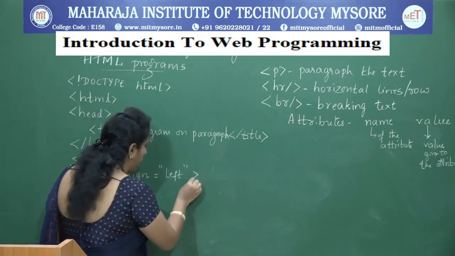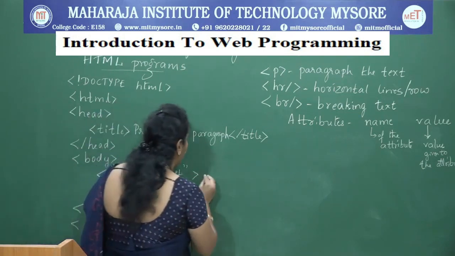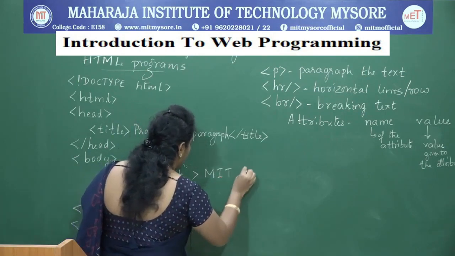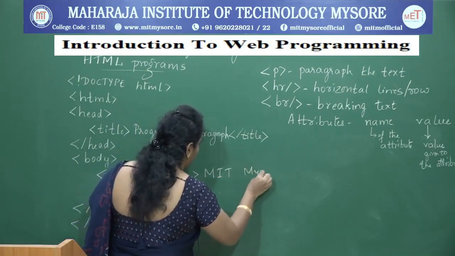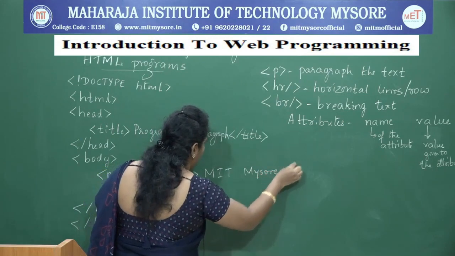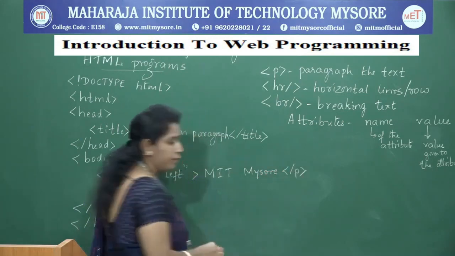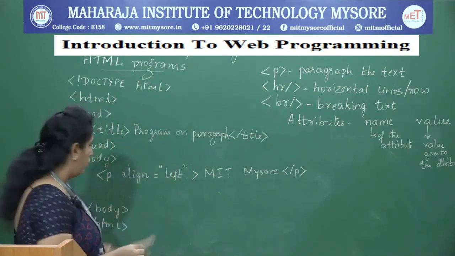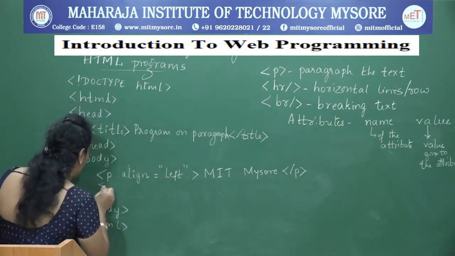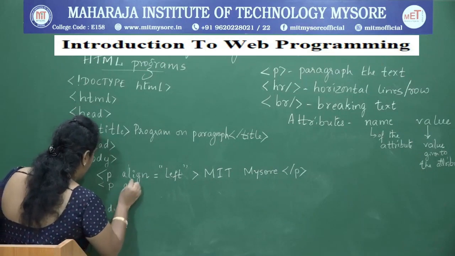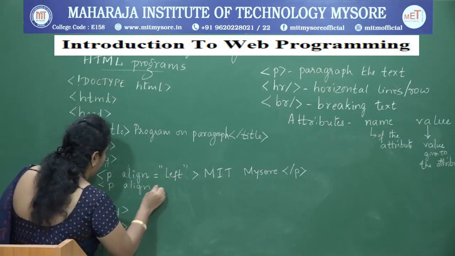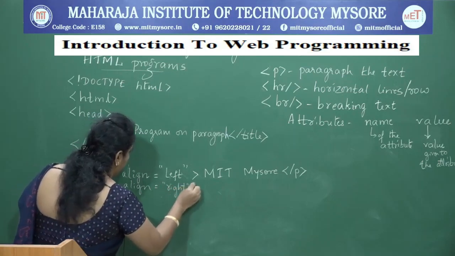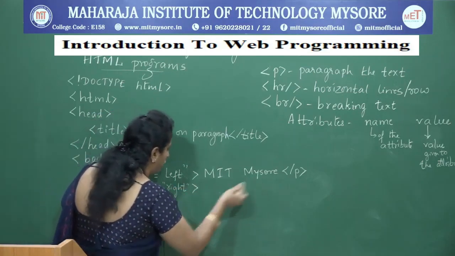Okay, then close the opening tag and now print the message MIT Mysore. Now close the tag. At the same time I will use a few more values for the align attribute. Align right: MIT Mysore.